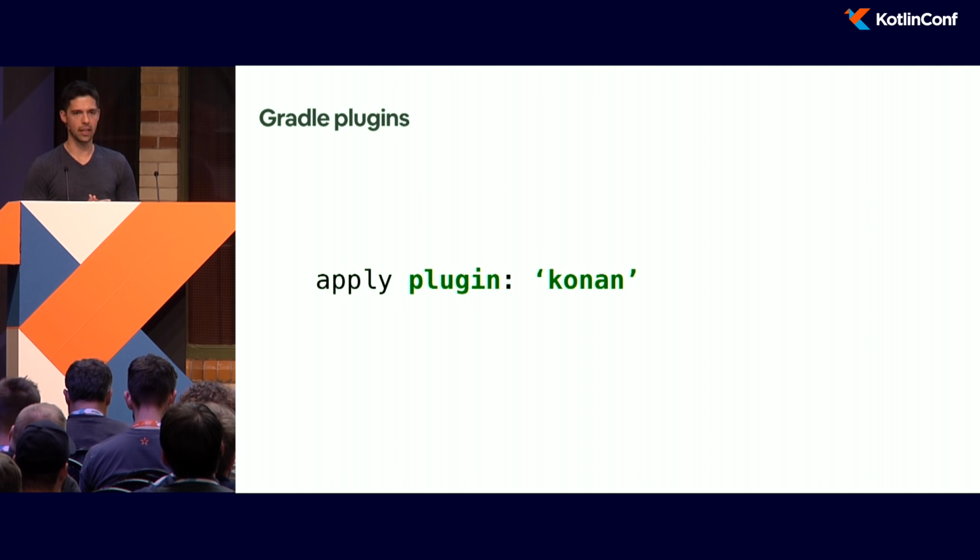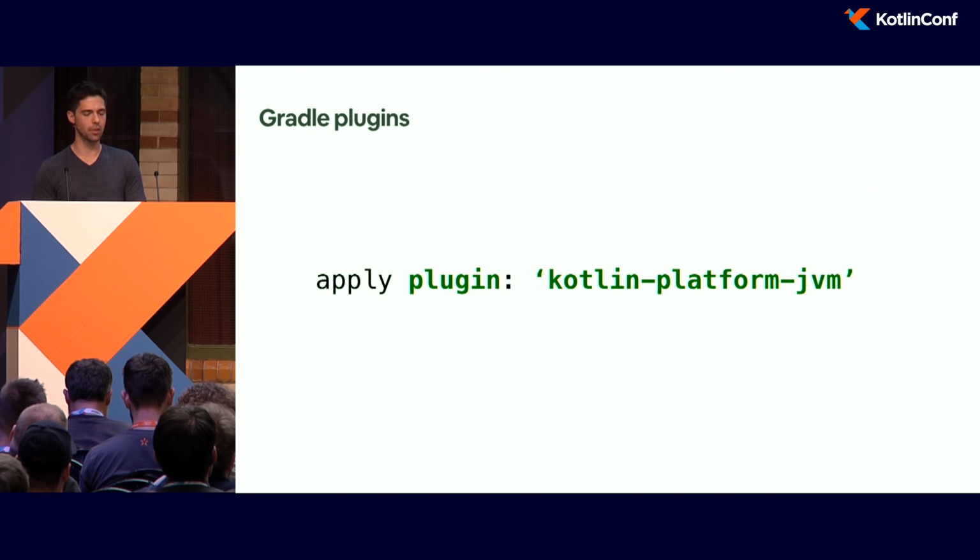And for Kotlin Native, it's called kotlin-native. I have no idea why they decided on this name, but it probably has a reason, and that's what you would use for Kotlin Native. I actually learned recently that there's a new plugin that was released, I think coming out with Kotlin 1.3, called kotlin-platform Kotlin Multiplatform.